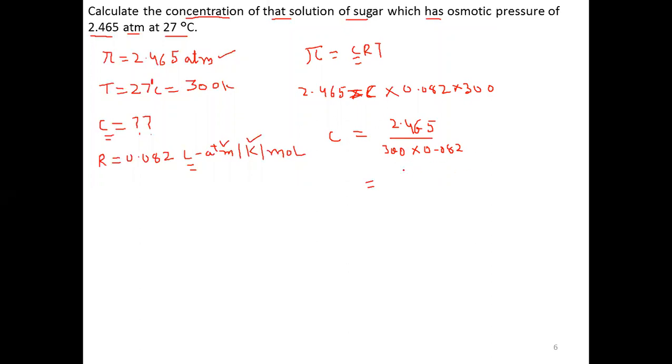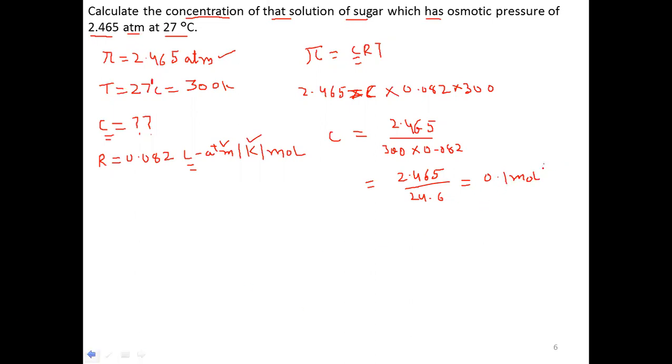0.082 into 100 is 8.2. 8.2 into 3 is 24.6. So it is 2.465 divided by 24.6. They are almost the same, so it will be 0.1 mole per liter.